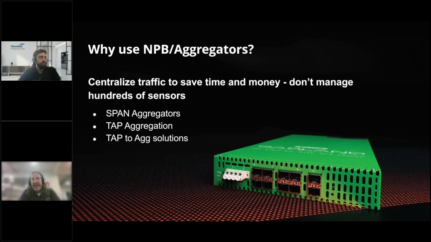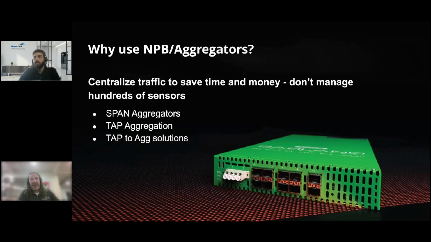Let's say, as an example, you have your main distribution frame, where your security sensors are sitting, and you may have 15 to 20 remote closets or IDFs. In these IDFs, maybe you need a couple of taps to get the traffic you need to monitor, or maybe you have 5 to 8 span ports per IDF remote closet.